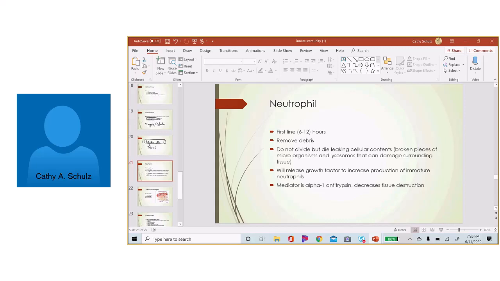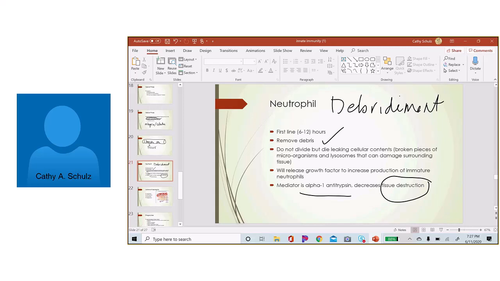So one of the jobs of the neutrophil is debridement of a wound. It's going to get rid of debris, and inside of it has a particular enzyme that helps to mediate tissue destruction, because we want to get rid of some of the bad tissue, but we don't want to harm healthy tissue.